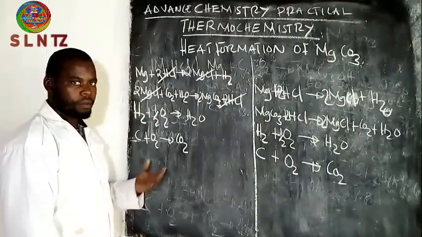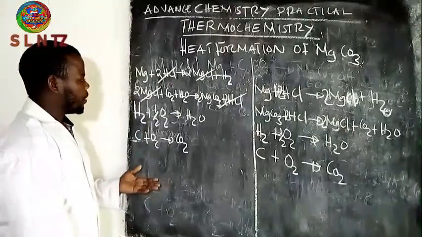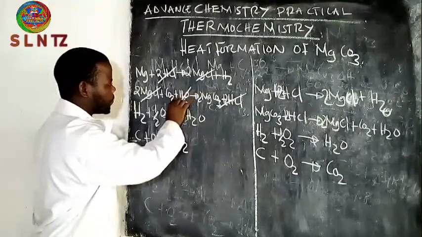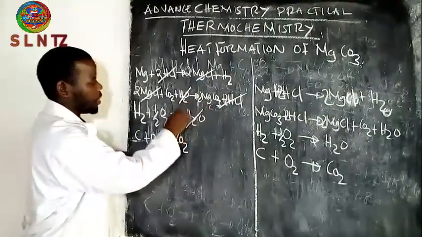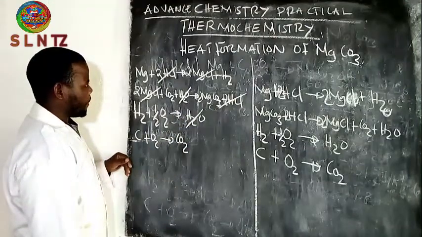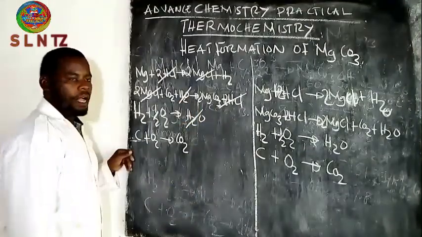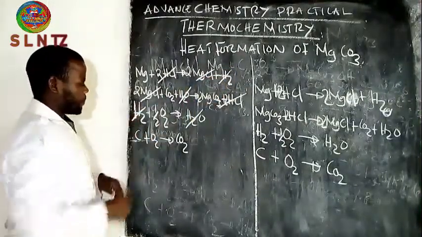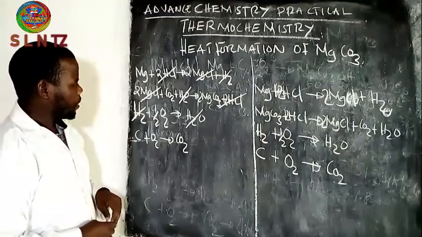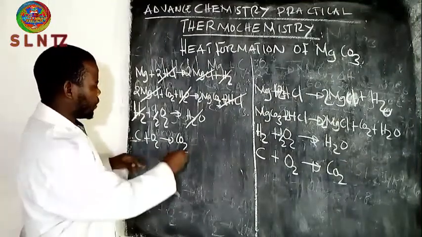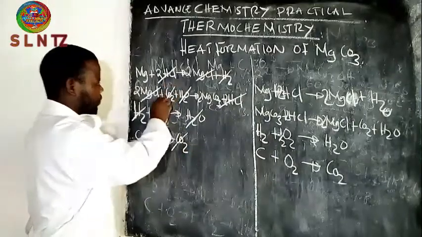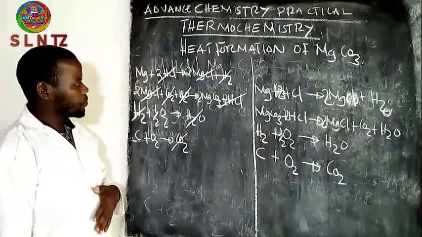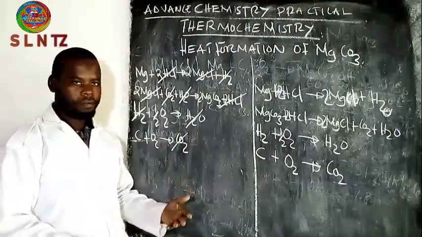You catch this process. Another, water will cancel with the water on the product side. Another, hydrogen gas, this one will cancel with this one. And the carbon dioxide on the product side will cancel with that on the reactant side.